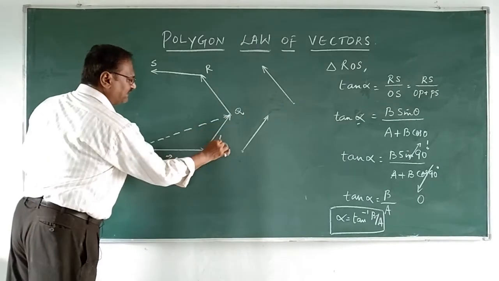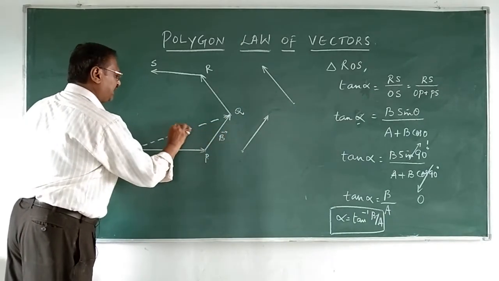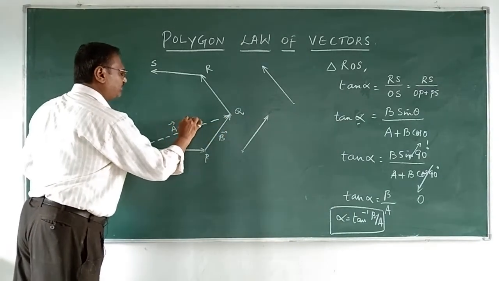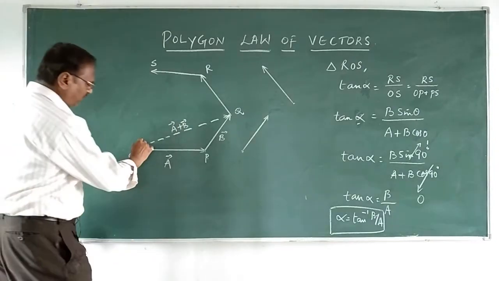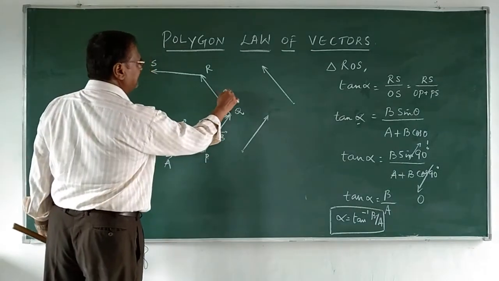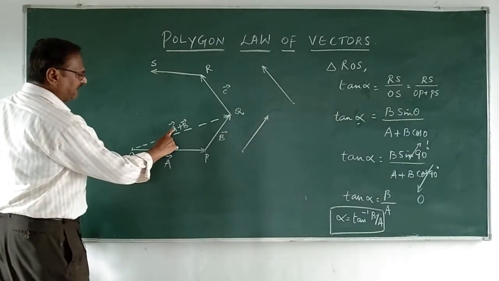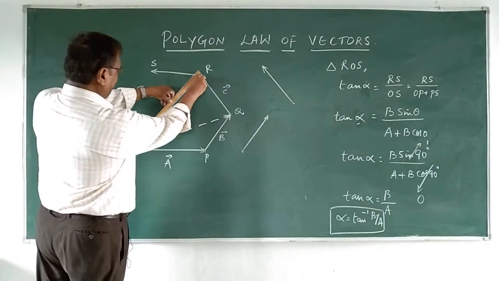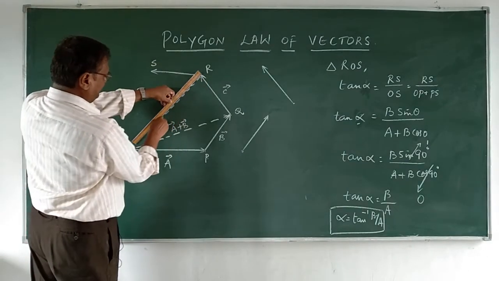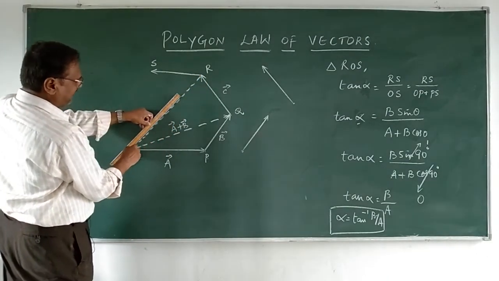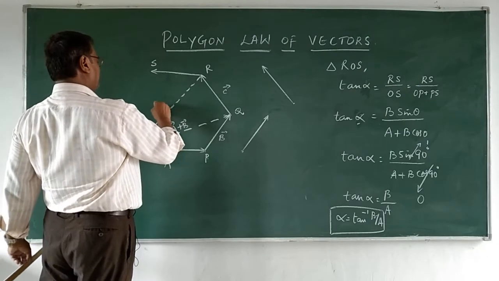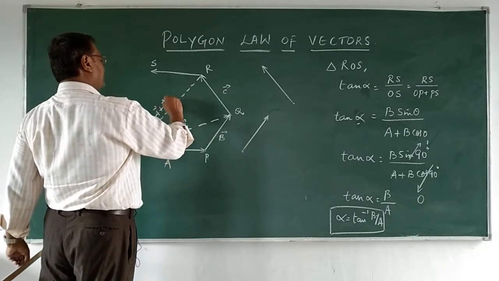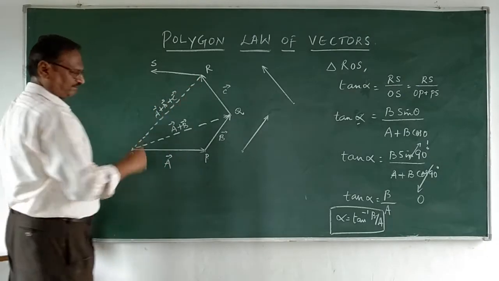What is the resultant? This is B vector. So, A vector plus B vector. Now I got this value, and let us say this is C vector. Now I add A plus B with the C. So from here, if I connect these 2 points together, OR, I will get here A vector plus B vector plus C vector. This is the resultant.